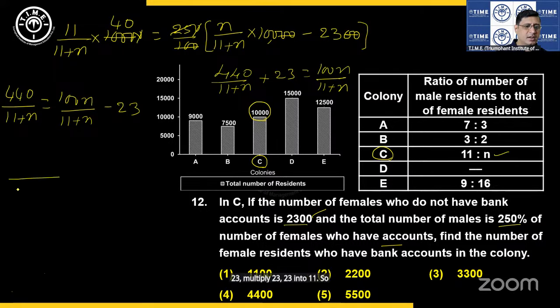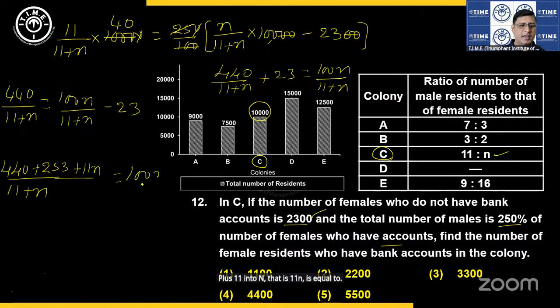So what you will get on the left hand side? 11 plus n. Numerator 440 plus 11 into 23, so 253, plus 11 into n is equal to 100n by 11 plus n. Both sides denominators are the same, just simplify and solve this.